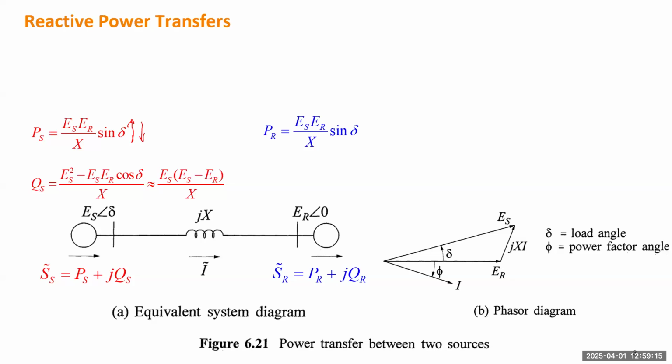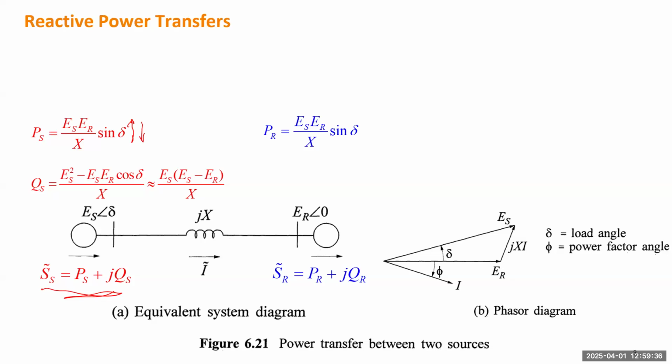But to calculate the reactive power from the left-hand side, it will be this formula. I won't go into the details of how to prove this. It's pretty simple: you just start from the definition of complex power, and using the phasor diagram, you take the imaginary part, so that would be QS.